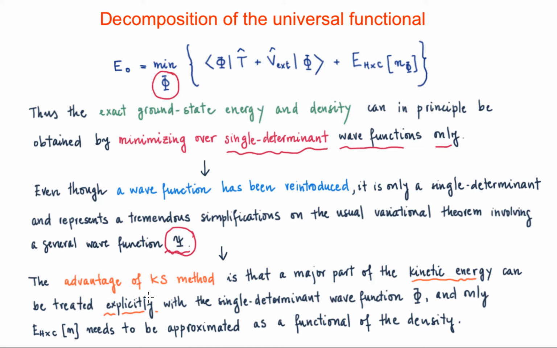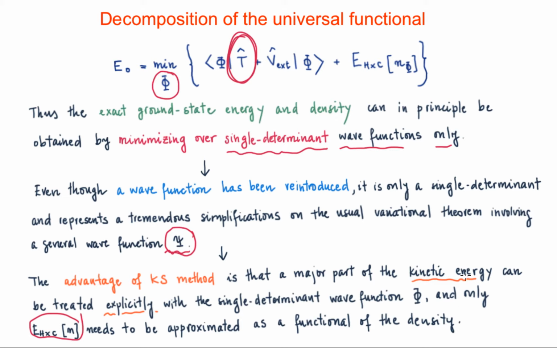And the advantage of this Kohn-Sham method is that a major part of the kinetic energy, the one associated with this non-interacting system, can be treated explicitly, as we'll see, with these single determinant wave functions. And only the rest, the Hartree, exchange and correlation term, needs to be approximated as a function of the density.